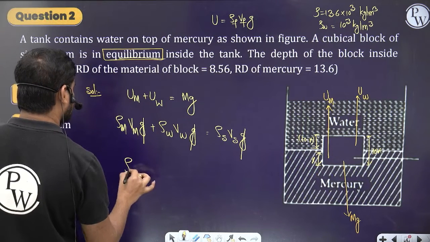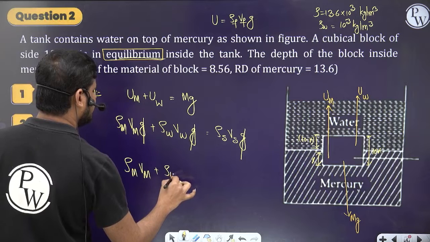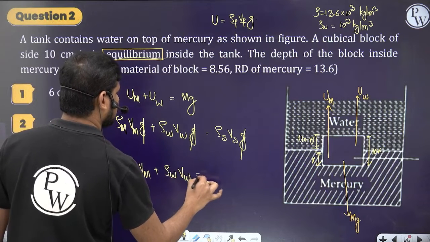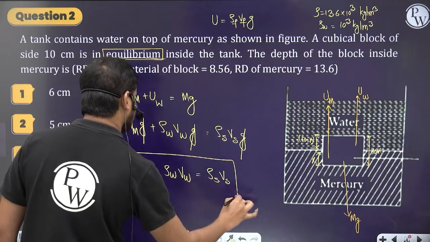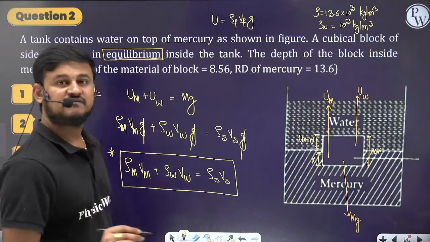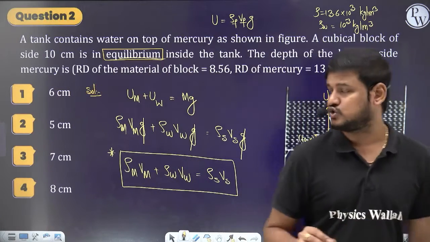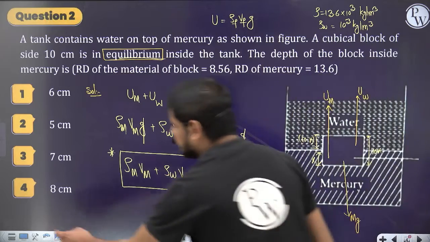So rho M V M plus rho W V W is equal to rho S V S. This is one general formula. If there are two immiscible liquids, we can write the formula this way, so you can simply remember this part.